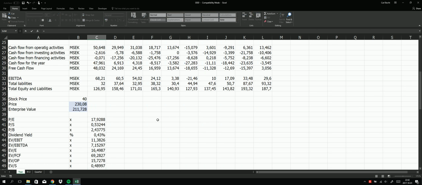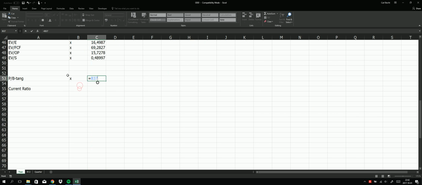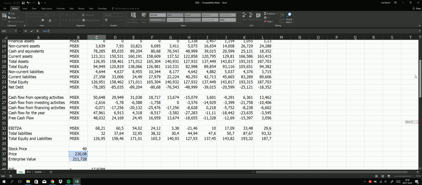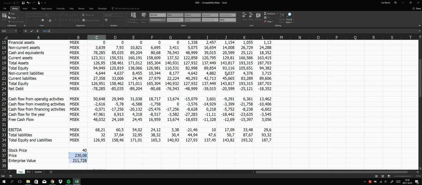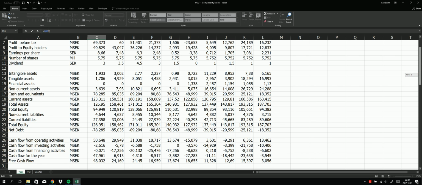First you have the price like that, and since it's a fraction, you find your equity, which is this one, then you subtract intangible assets, which we have here.